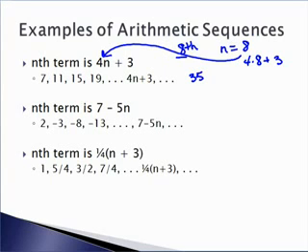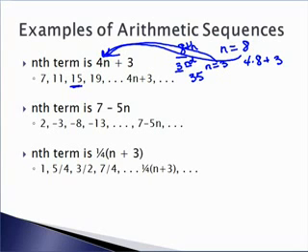If I want the third term, so the value of the third term, 3 then is the n. So into the formula, I'd plug a 3 in for the n. So 4 times 3 is 12, plus 3 is 15.